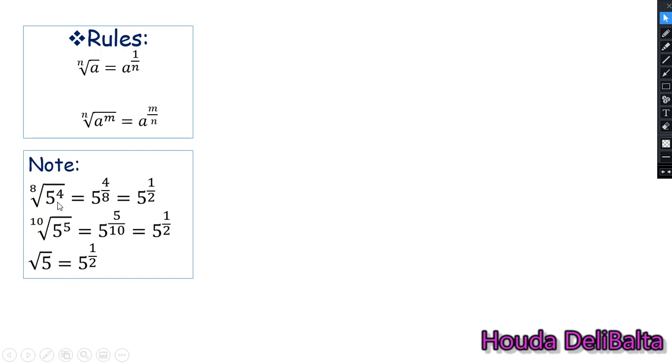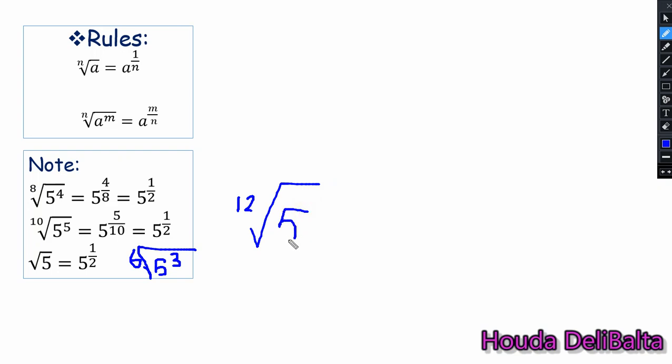So 8th root of 5 power 4 is equal to 10th root of 5 power 5 is equal to radical 5, and all of them are equal to 5 power half, as well as, for example, 6th root of 5 power 3, this is also 5 to the power half. If I have, for example, a 12th root of 5 to the power 6, also this is equal to 5 to the power 1 over 2, and so on.